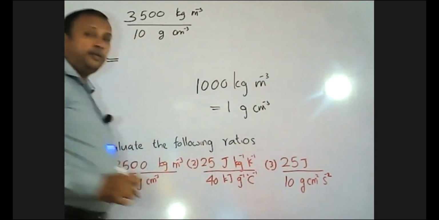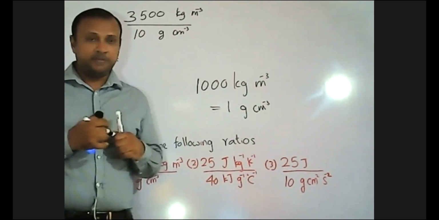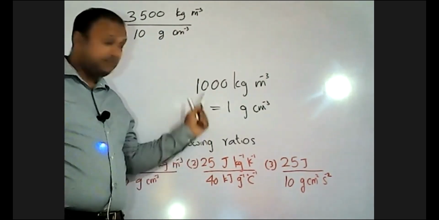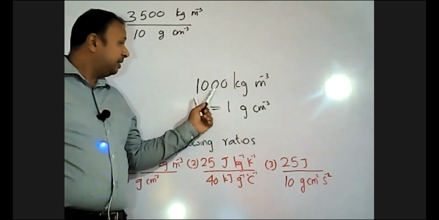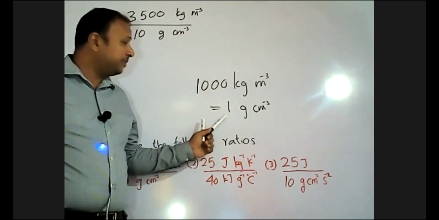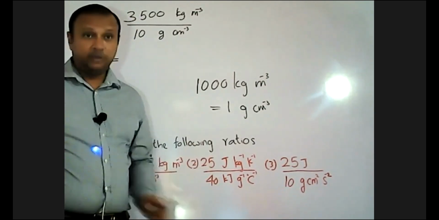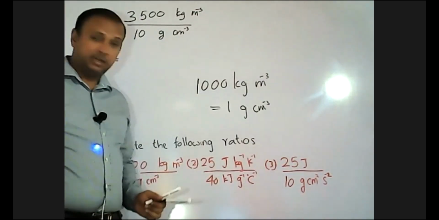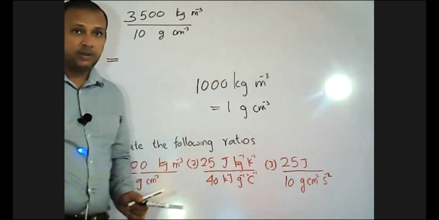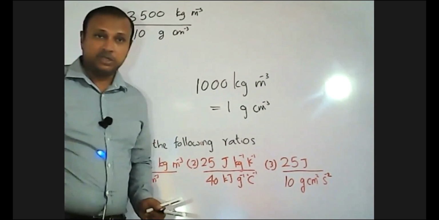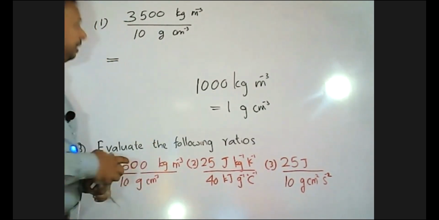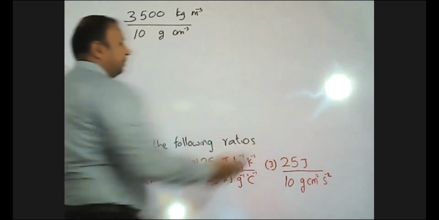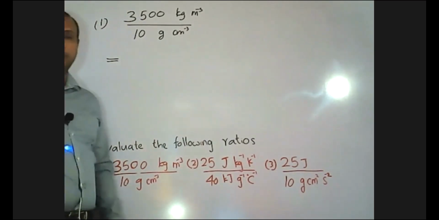So 1000 is divided by 1000, so it becomes 1. If you remember that conversion, you can use that one. Otherwise, you have to find it. You can use either method.